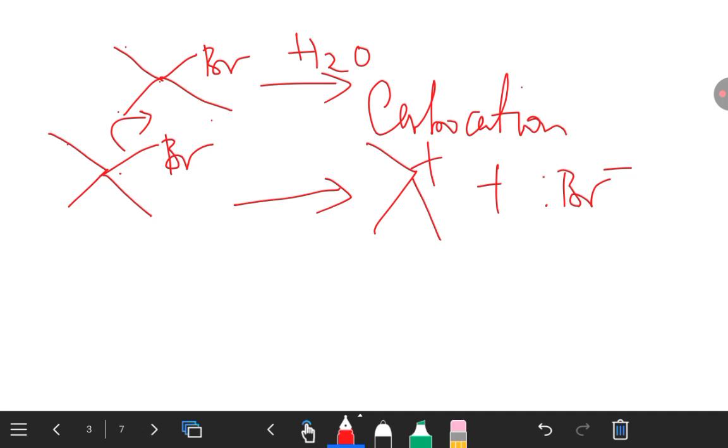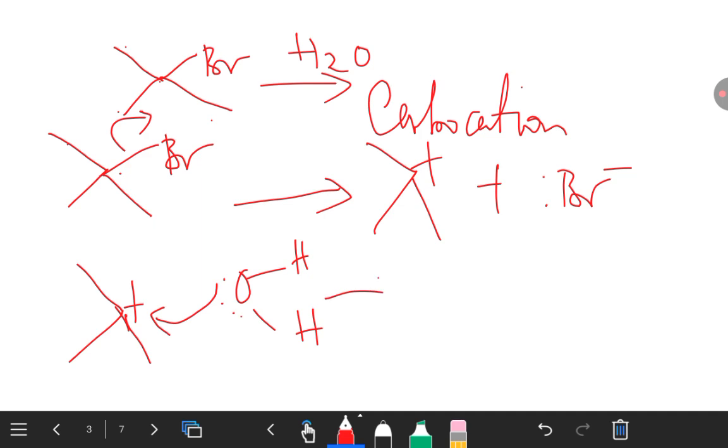Then the second step, this carbocation which we have formed is now being attacked by a nucleophile. In this case, the nucleophile which we have is simply water. So there is water coming to attack this carbocation. Since this oxygen has lone pairs of electrons, it is coming to attack this carbocation.